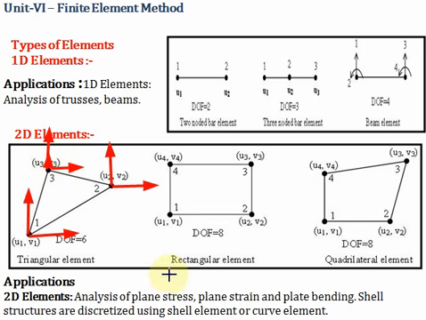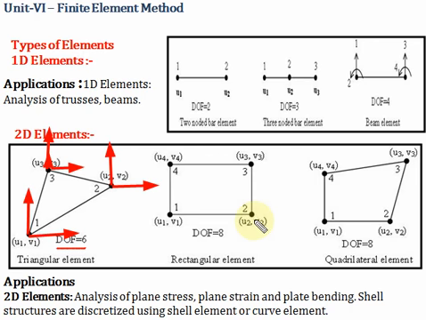Then node 3, again displacement in x direction and y direction. So there are three nodes, at each node 2 degree of freedom. So total number of degree of freedom for a triangular element is equal to 6.